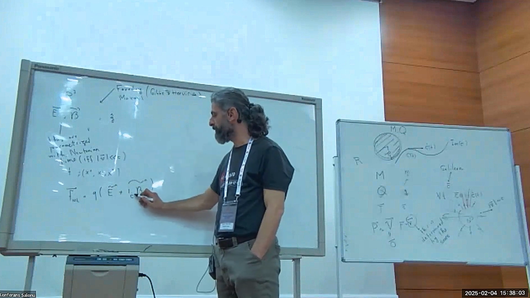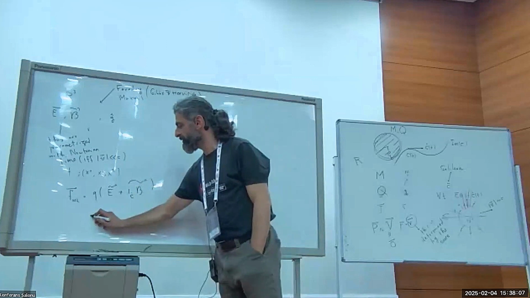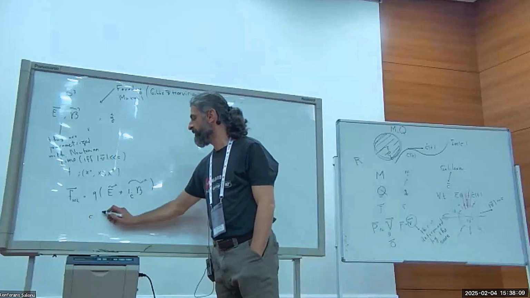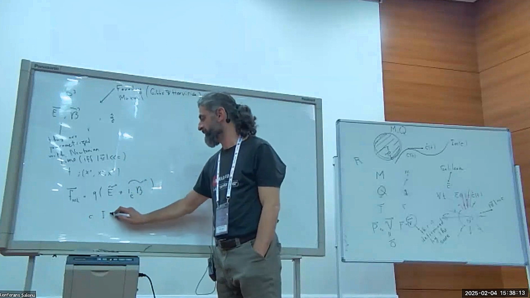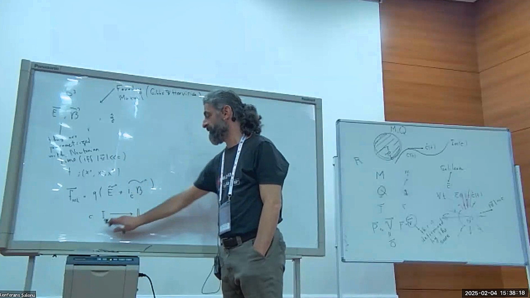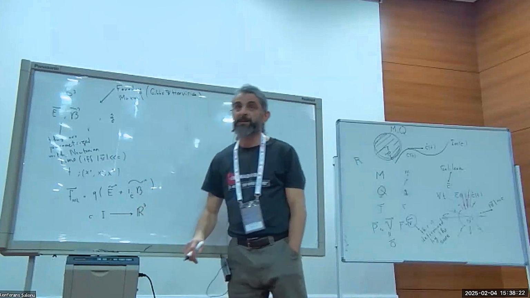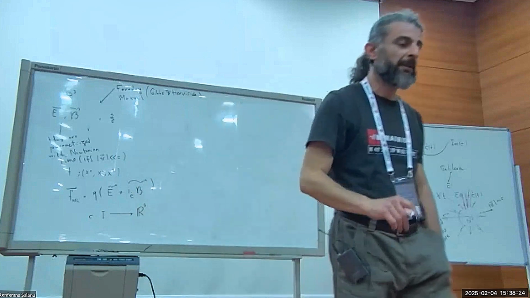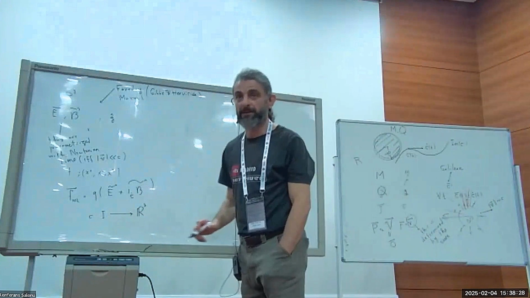I will just mention that C takes an interval, a non-closed or semi-closed interval, and maps the parameter in this interval to three-dimensional Euclidean space, which is the space of non-relativistic Newtonian physics.